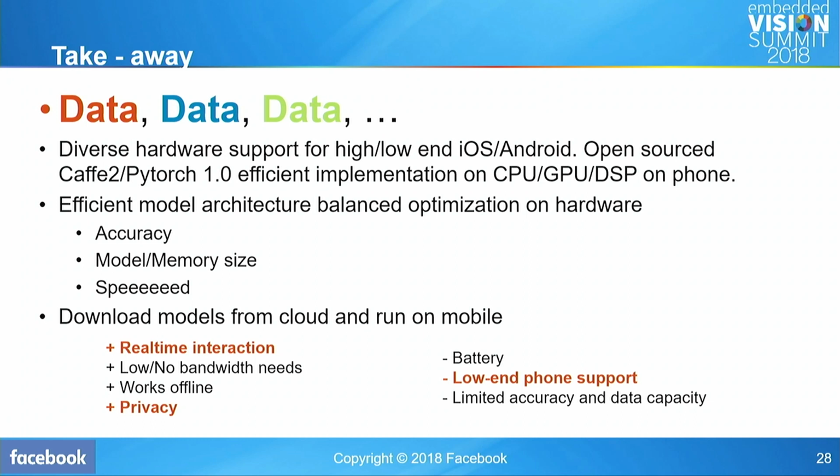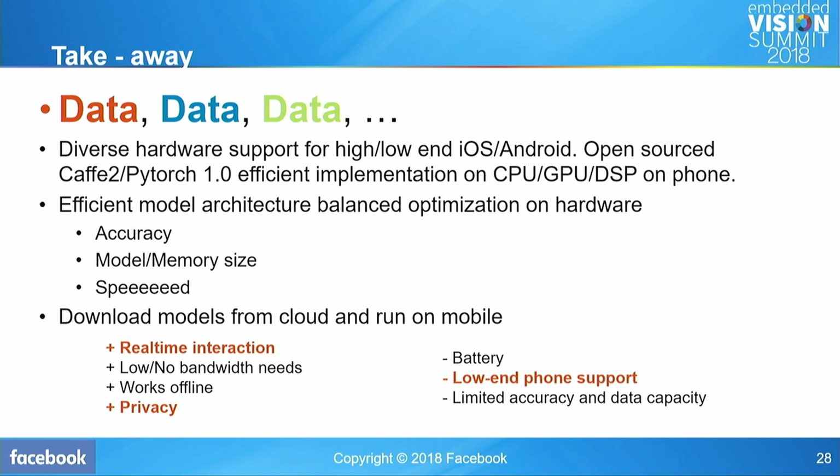You don't need a very good connection to the network itself. But the most important part is you don't need to send any images or any information over the network, because you can run everything on the mobile device. So there is no privacy concern running very efficient models on the device itself, because you don't send anything to the server.